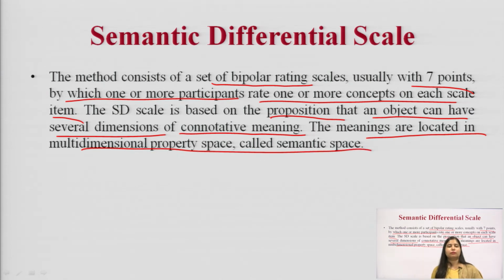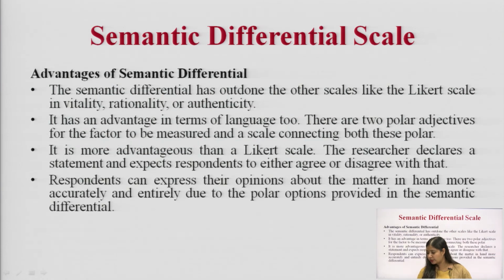Multi-dimensional space means the properties of the product may have multiple variables or factors affecting it. If you talk about customer buying behavior, they buy a product for many reasons, like their preferences, their income, their family size. So it may have many dimensions, and this is properly called the semantic space.